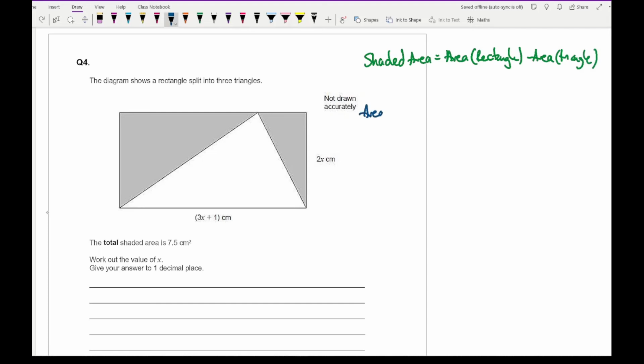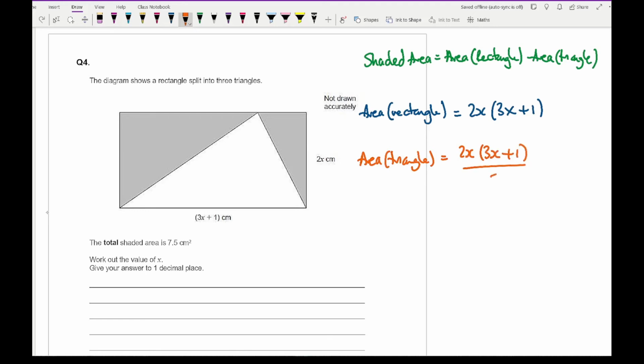So here the area of the rectangle, which is base times height, and the base is 3, it's going to be 2x multiplied by 3x plus 1. Now at this stage I'm going to leave the brackets as it is, but if you wanted to expand it, that would have been absolutely fine. Then moving on to the area of the triangle, well, that's going to be base times height divided by 2, so that's going to be 2x multiplied by 3x plus 1, all divided by 2, and then I can cancel the 2, which just leaves me with x(3x plus 1).